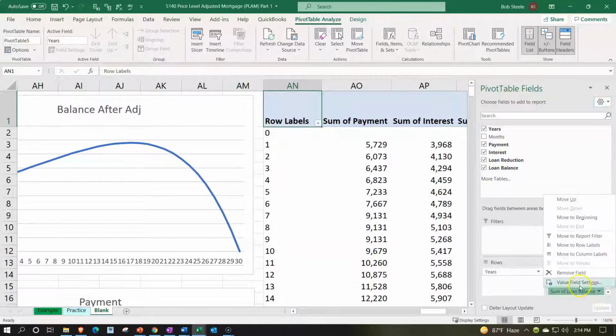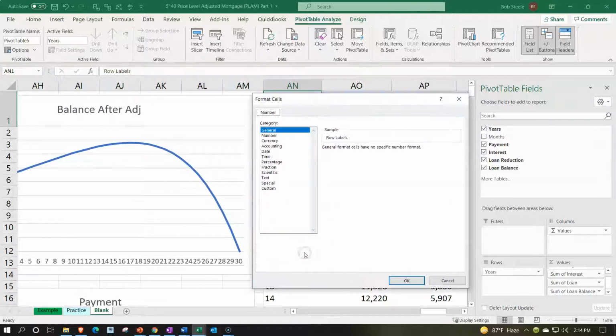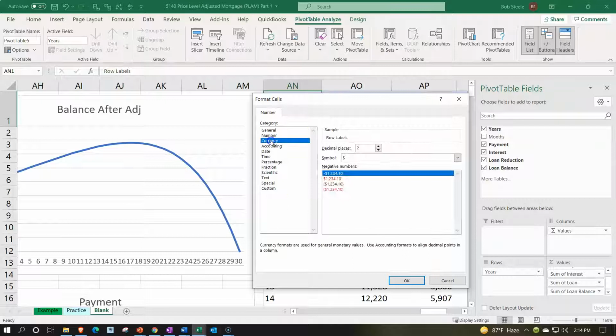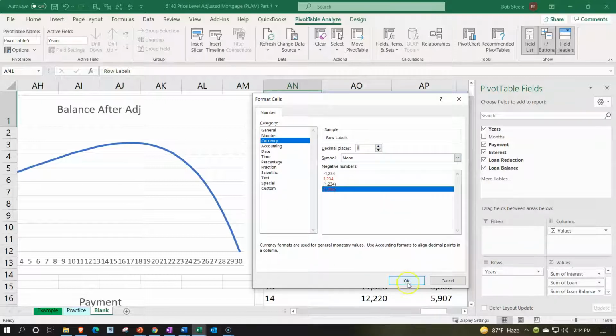If you want to get in, you have to untwist the twisty that's at the top. This is it. We want the minimum, not the sum. The minimum balance for the balance here. So the twisty has been removed. So now we're just going to do the normal number format, currency, brackets, no dollar sign, no decimals.